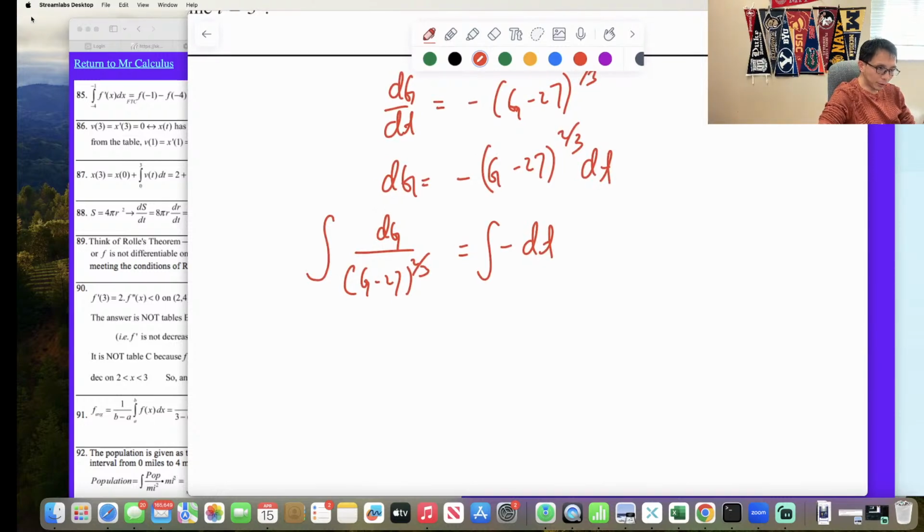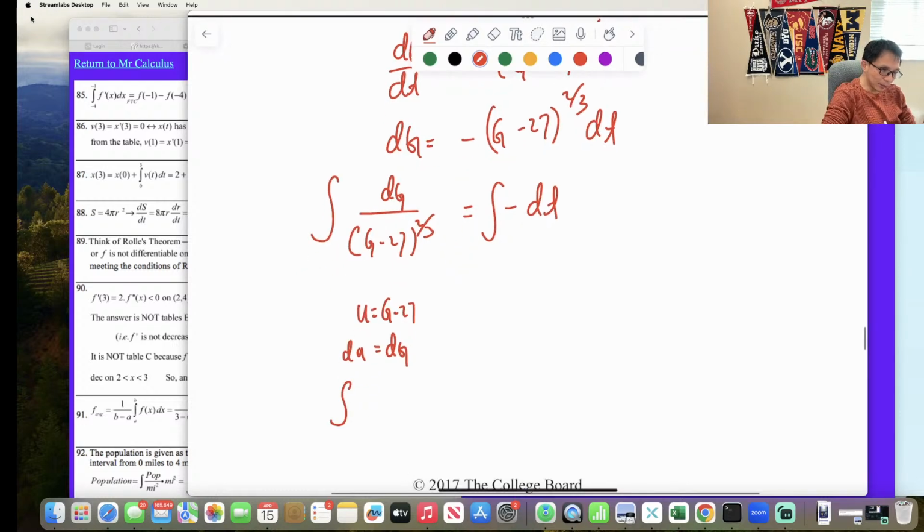Once you integrate this, let u equal g minus 27, because you cannot use natural log, since it's not parenthesis to the first power. It's actually parenthesis to the negative 2/3 power. So that's the integral of u to the negative 2/3 du, equal to the integral of negative dt, which is negative t plus c.